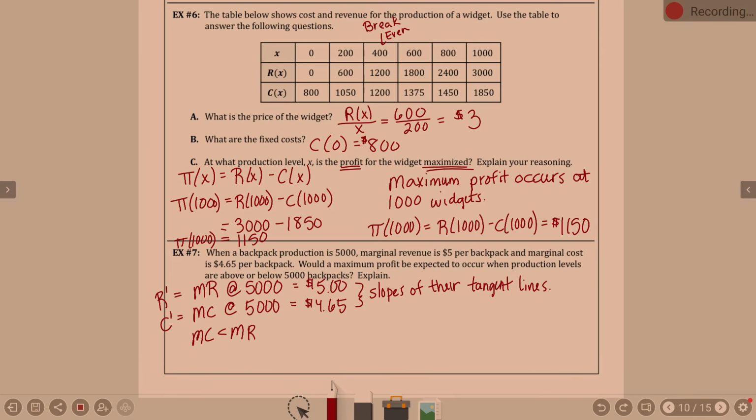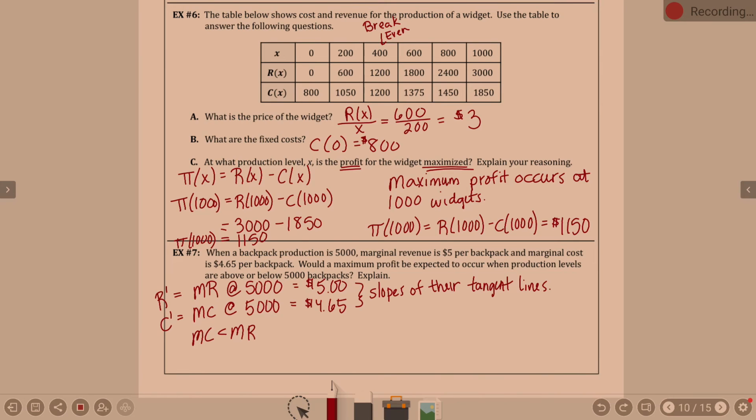Is that making sense? I'm trying to get it all out in words. Okay, marginal cost, change of the cost. Marginal revenue, change of the revenue. Marginal revenue is changing at a higher rate. So that means what's going to happen with your profit? We're going to make more, right? So we're going to make more with that extra revenue than we'll spend in extra cost.